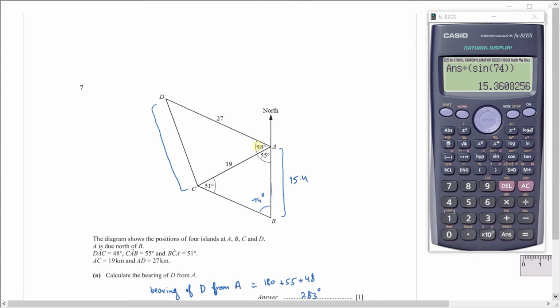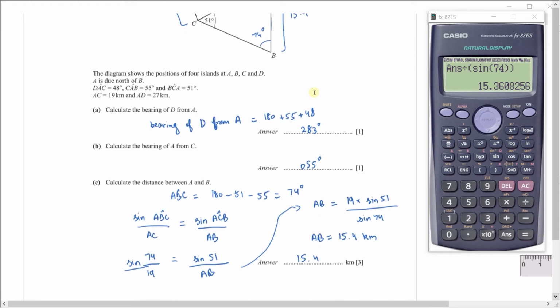So that means I can use the cosine rule, which will be DC squared, which is this side, equals the other two sides, AD squared plus AC squared minus 2 times AD times AC multiplied by cos of the angle between them, which is angle DAC. The only unknown in this equation will be DC.